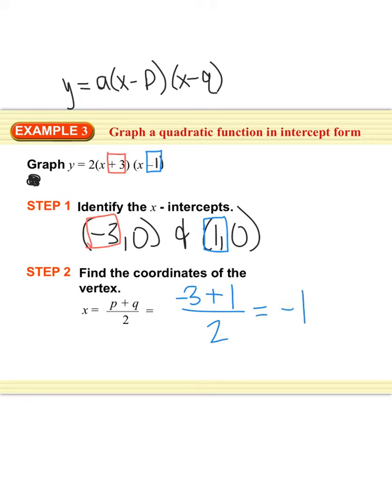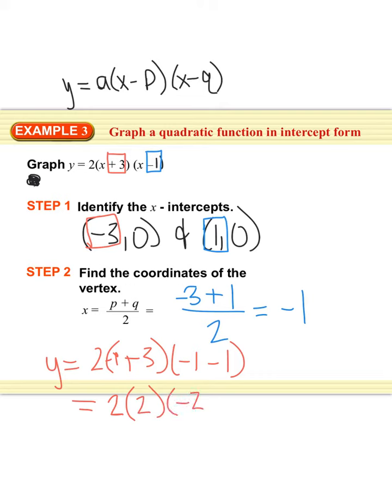Now that we have our x value of the vertex, we need to find the y value. So let's plug in x, negative 1. Now we know that the vertex is negative 1, negative 8.